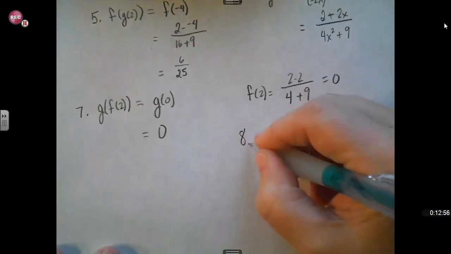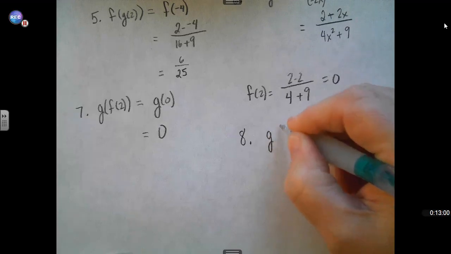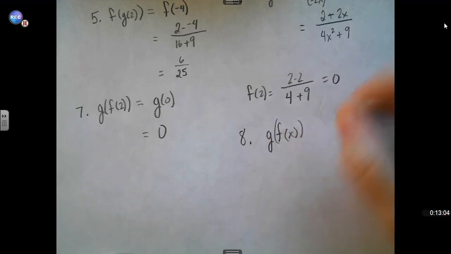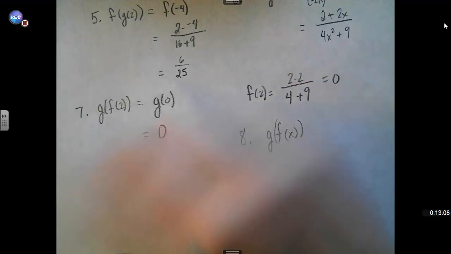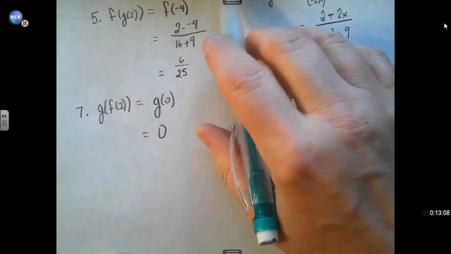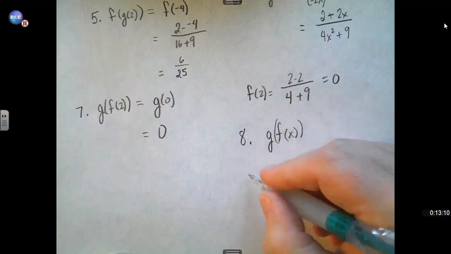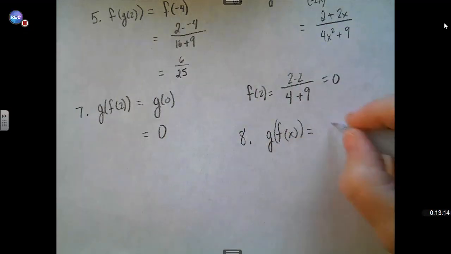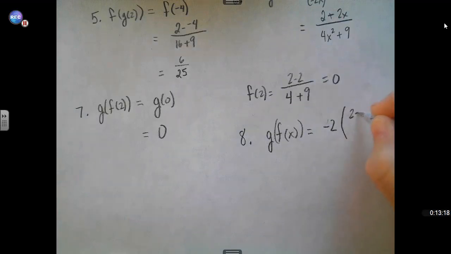And then number 8, we want to find g of f of x. So in other words, we're going to plug f into g for x, which means we're going to have negative 2 times the quantity, 2 minus x over x squared plus 9.